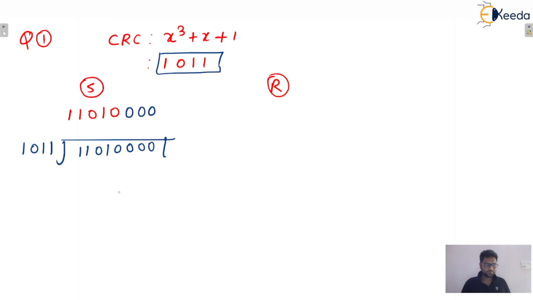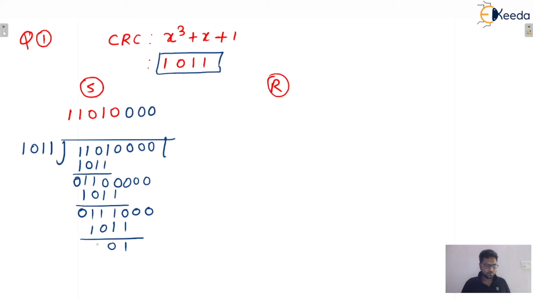The leading one is at the start, so with 1 0 1 1 apply the XOR operation, that gives 0 1 1 0, and write down all the remaining bits as they are. Then from the leading one, 1 0 1 1, we get 1 1 1 0, writing down the zeros as they are. Then from the leading one, 1 0 1 1, we get 1 0 1 0 0 0. Then from the leading one, 1 0 1 1, this will be 1 0 0 0 0.